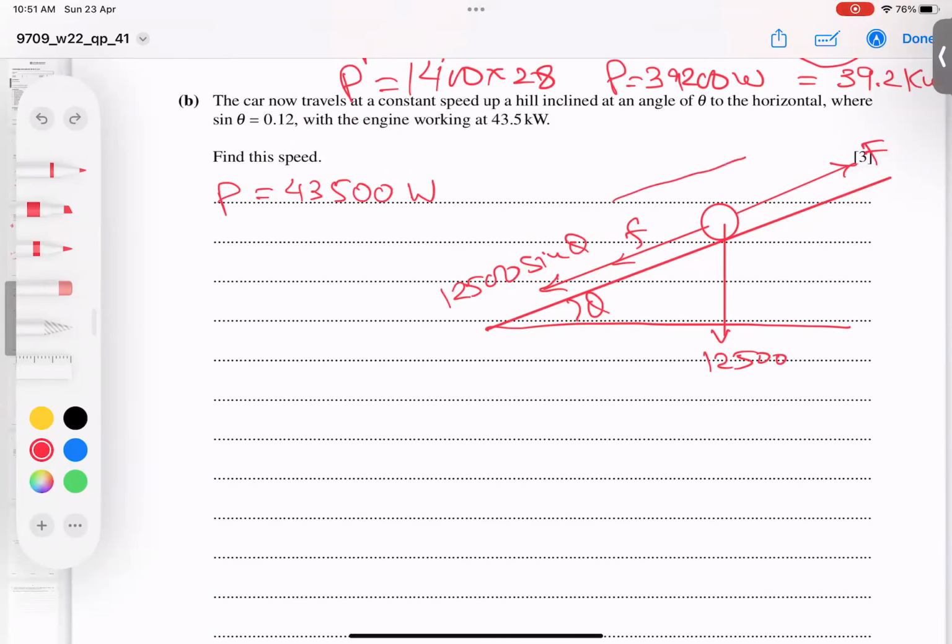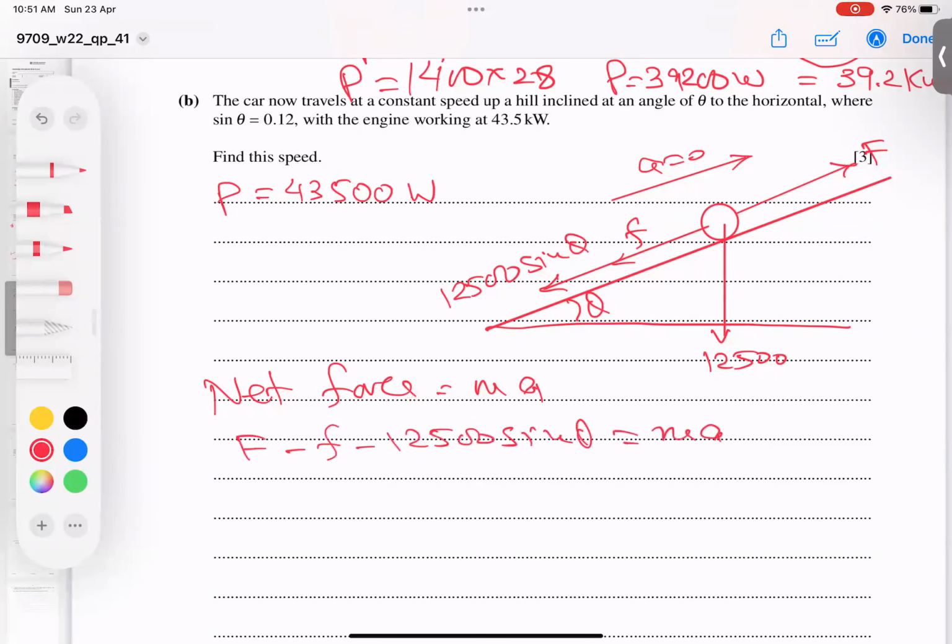So let's start. It is moving with a constant speed, again acceleration 0, and the same story, net force is equal to ma. So the applied force is this. So I can write applied force minus friction force minus 12500 sine theta equals ma. Now the applied force, again the formula you know very well.